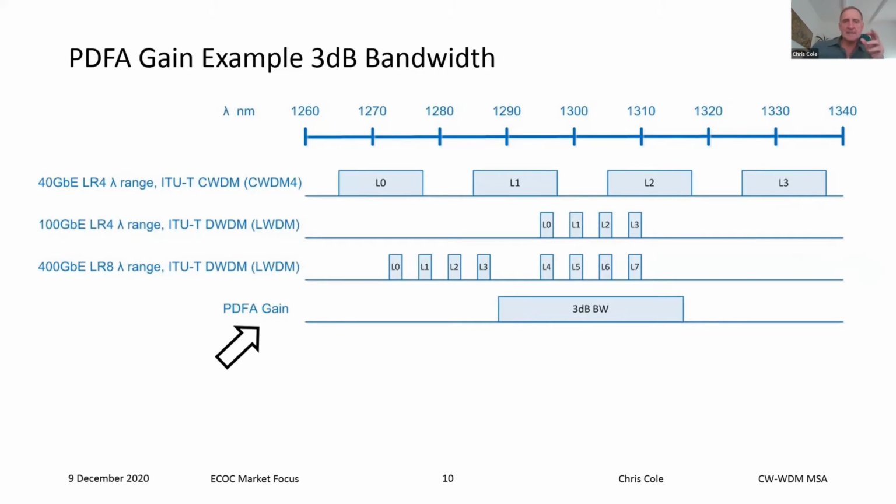If you look at an example PDFA gain 3 dB bandwidth, you can see that it spans from a little bit below 1290 to a little bit over 1310. It's a gradual roll off, so you can use it somewhat beyond that. But that's a real limitation if you want to have amplification, starting with testing. But furthermore, if you ever get into highly lossy situations, you don't have anything outside of this region.